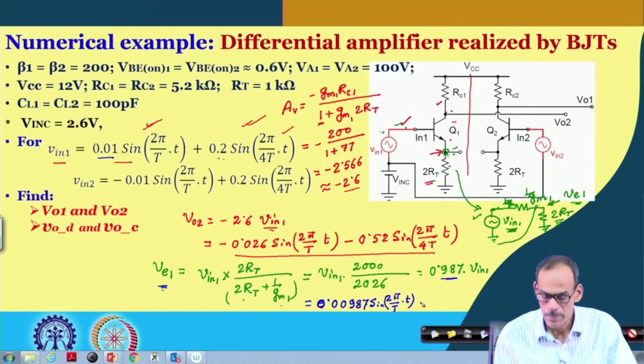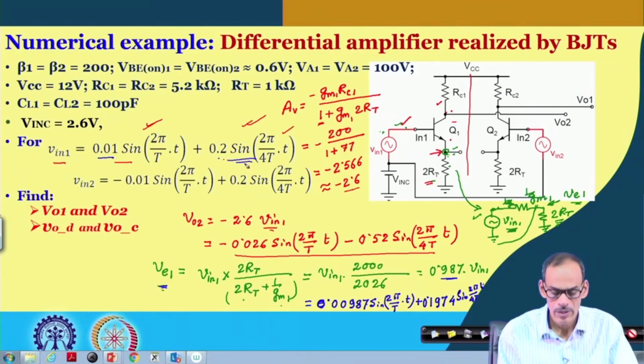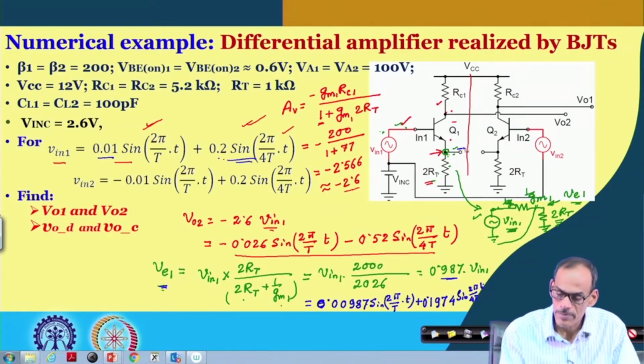So, that is equal to plus 0.1974 sin 2π/4T into small t. So, that is corresponding to this part. So, this is the signal coming at the emitter here.